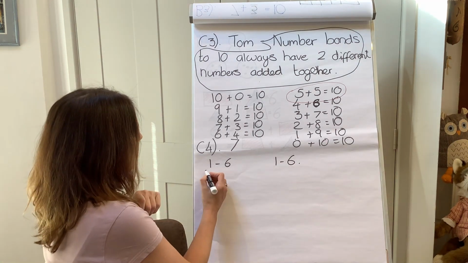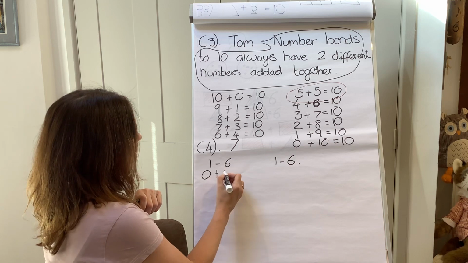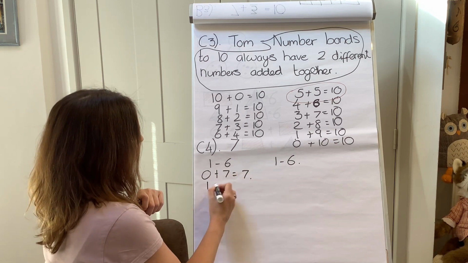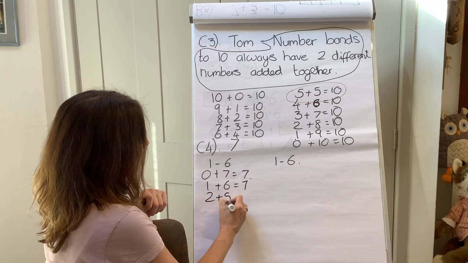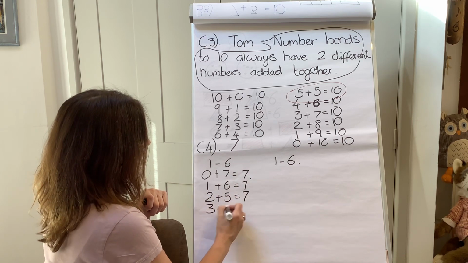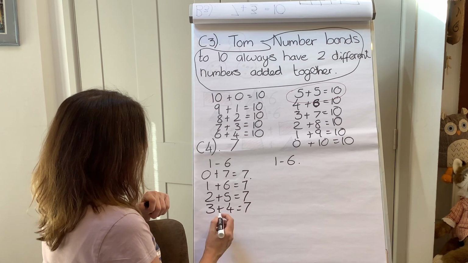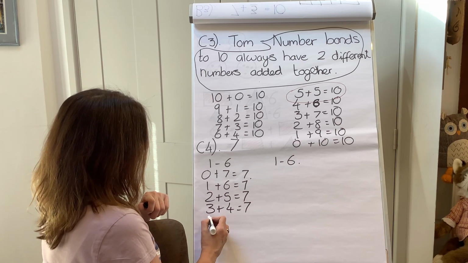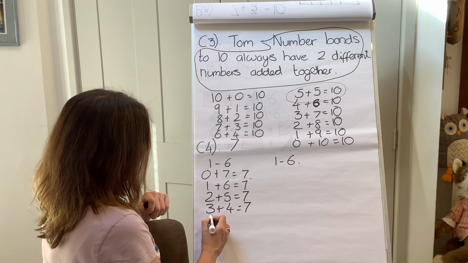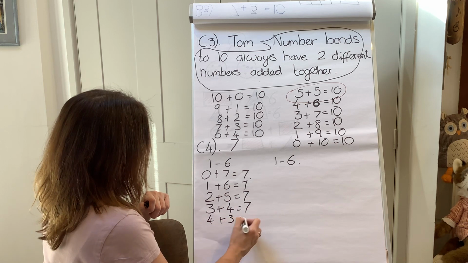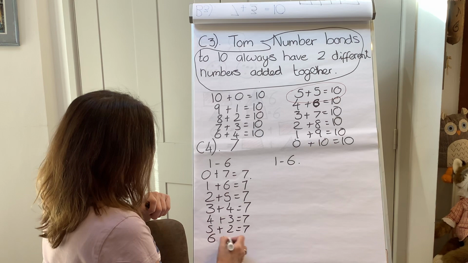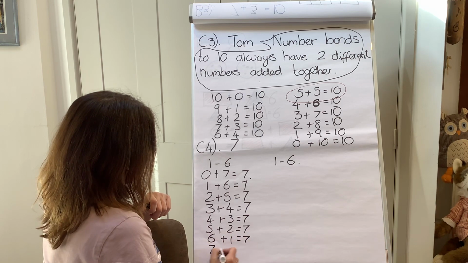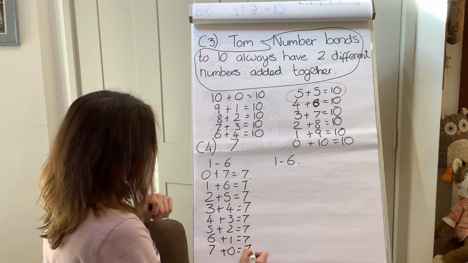Well, the number bonds to 7 are 0 and 7, 1 and 6, 2 and 5, 3 and 4, and then we go 4 add 3, 5 add 2, 6 add 1, and 7 add 0.